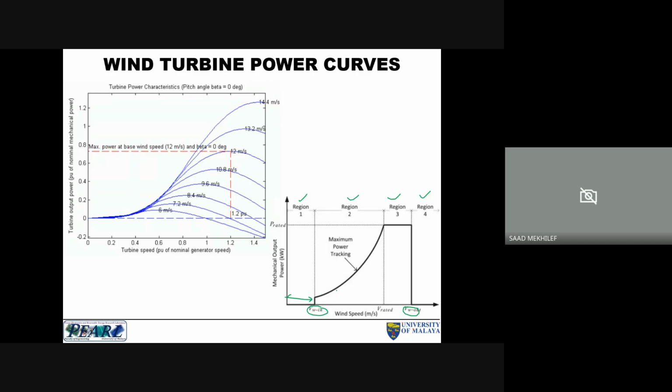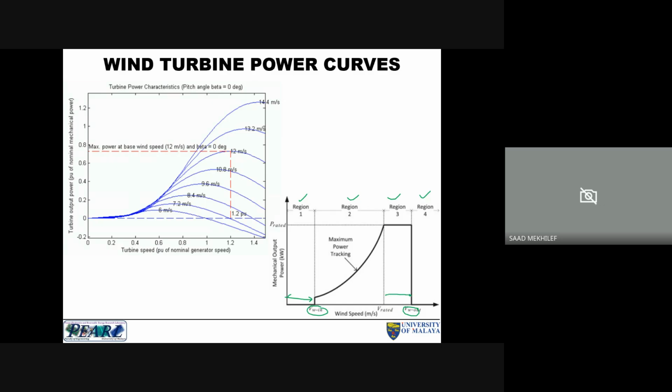As the speed increases, the power increases until it reaches the rated power. Within this region it will stay constant because that's the rated power of the wind turbine, and that is actually for a range of speed.